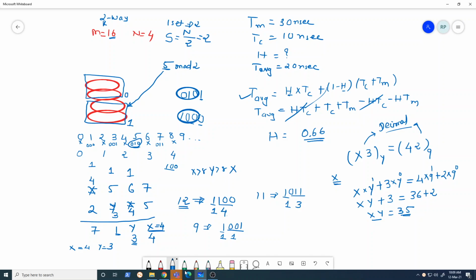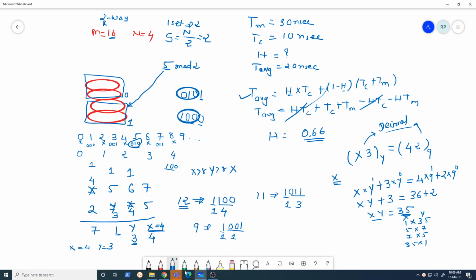So now take the factors of 35. So 1 into 35, then 5 into 7, then 7 into 5, and 35 into 1. These are the factors of 35, right? And if I consider this, first is x and second is y.